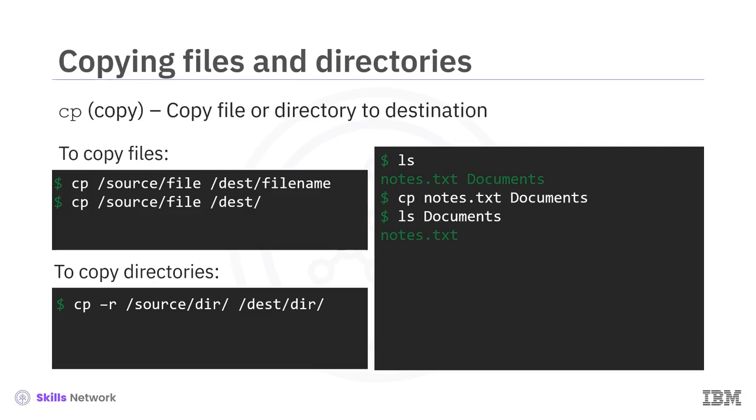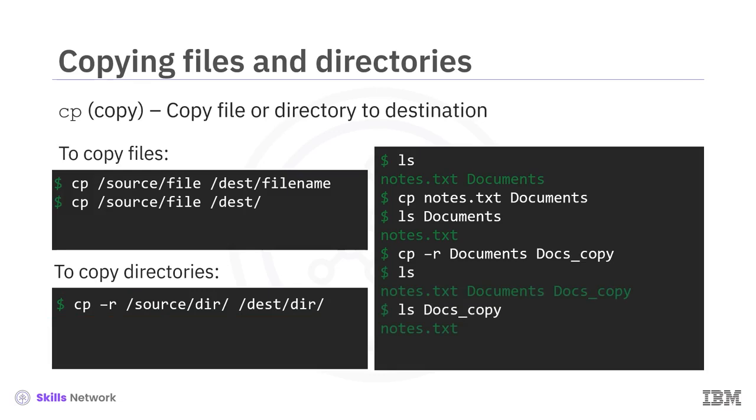Notice that you didn't need to specify a source directory because cp defaults to your current directory. Next, you can create a copy of your Documents folder called docs_copy using the syntax from the left. And as expected, you now have a docs_copy folder containing the same contents as the original Documents folder.